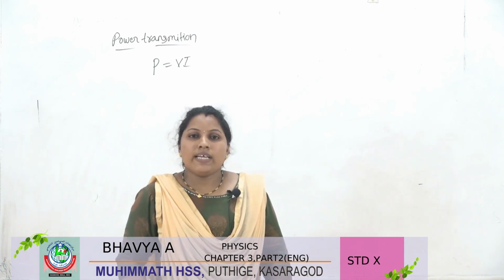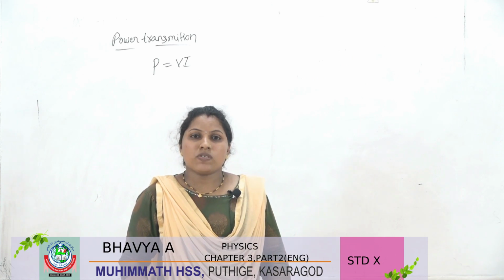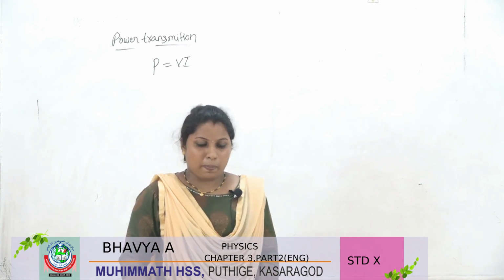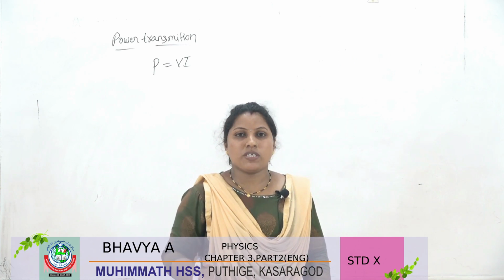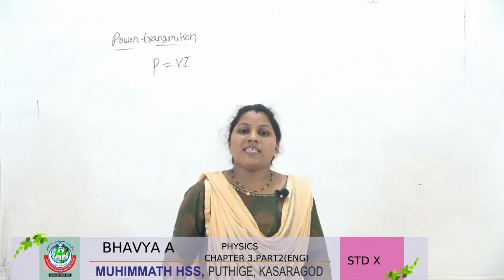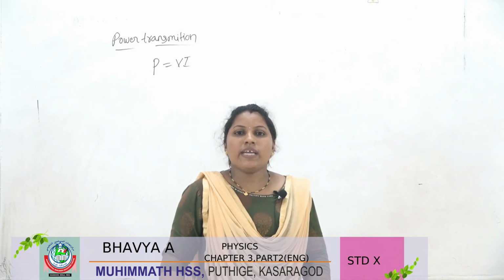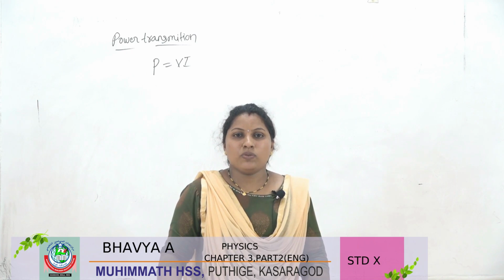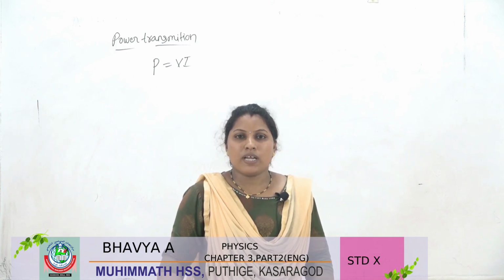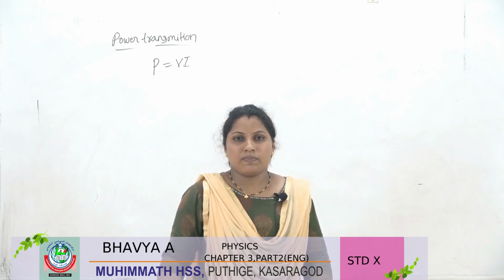So you know that the electricity we are using in a power transmission power station is AC 3-phase. So there are 4 lines: 3 phase lines, 1 neutral, and another one earth line.